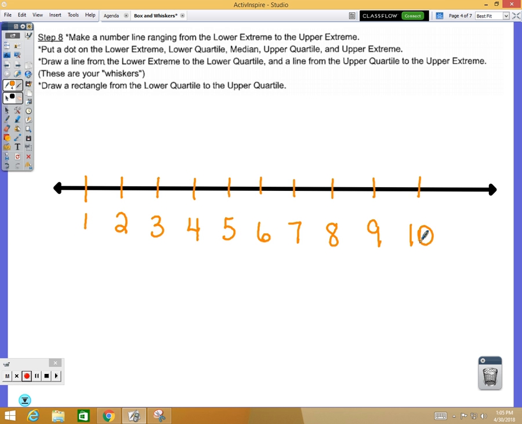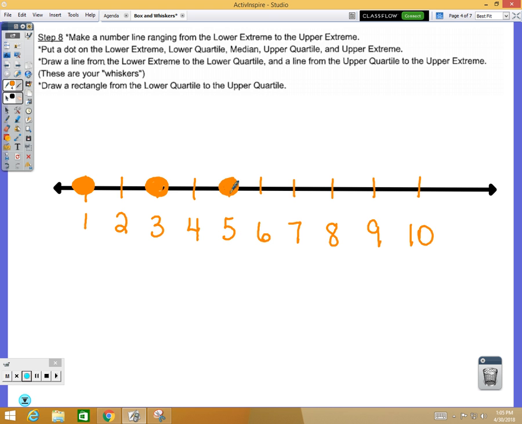The next little point says put a dot on the lower extreme. The lower extreme was 1, so put a dot at the 1. Now, I made that number line really big on your paper, so you might need to make your point bigger than normal so you can see it. So put a dot at the lower extreme. At the lower quartile, what was the lower quartile? 3. At the median, which was 5.